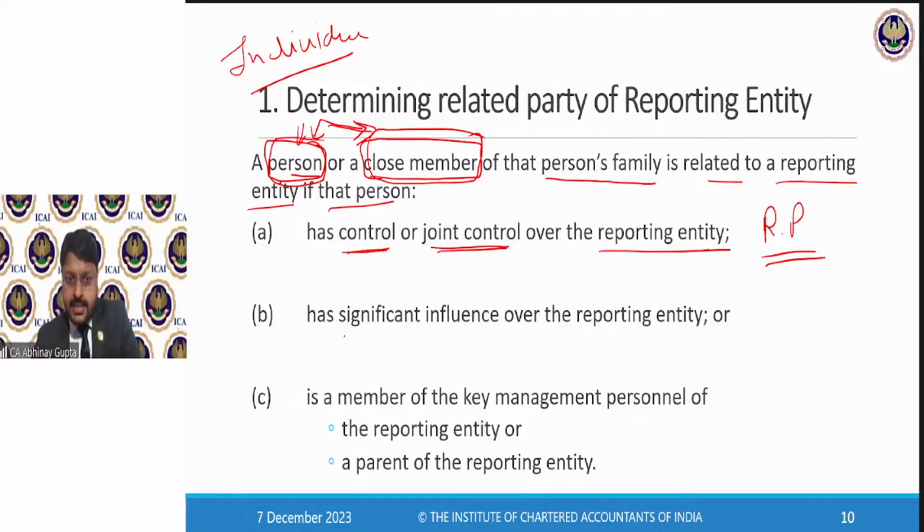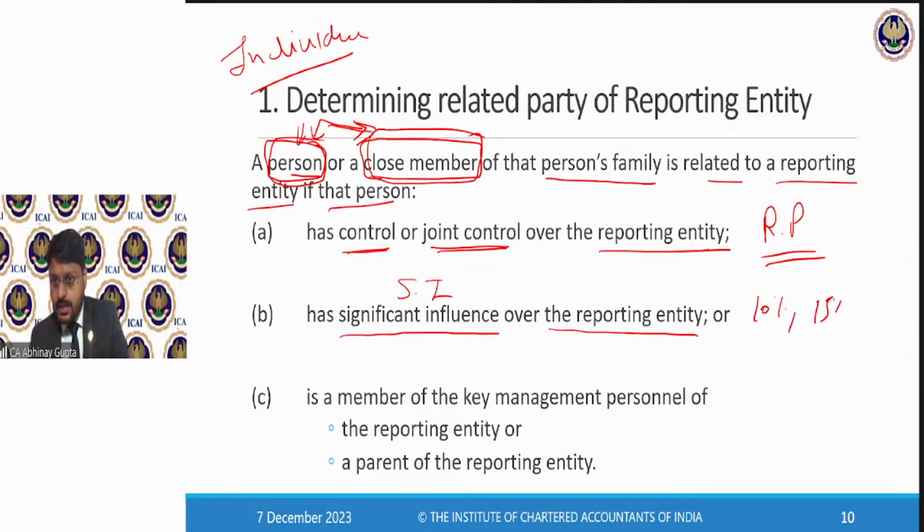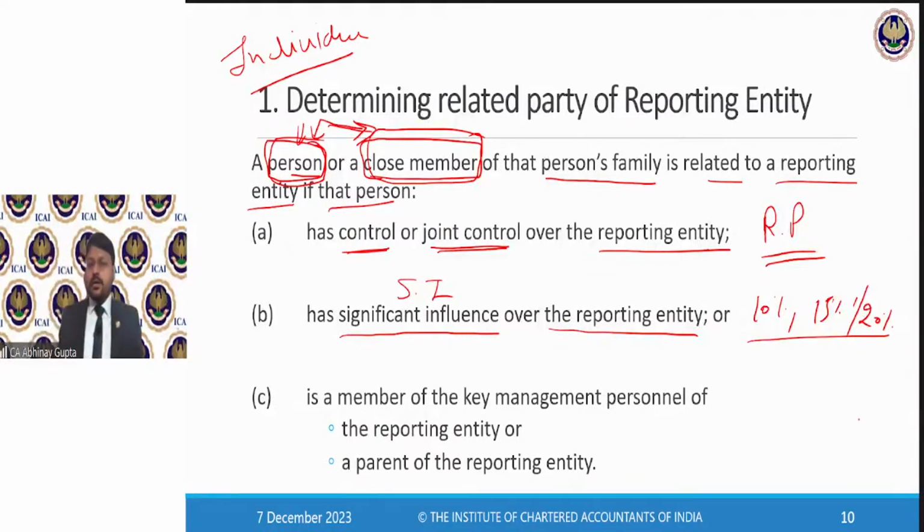The second category is having significant influence, SI, over the reporting entity. I may have a 10%, 15% or 20% stake in a particular company, and I might influence the management, the management committee, decision makers or KMP of the company.